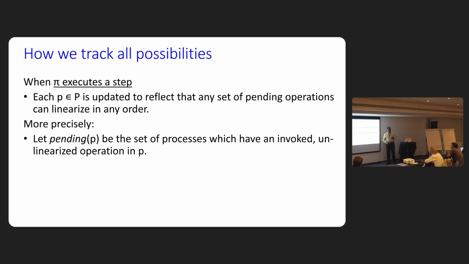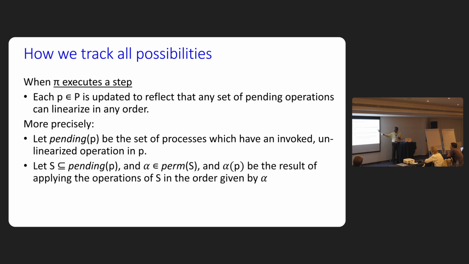Now let S be any subset of pending p and alpha be any permutation of that set S. Let alpha p denote the result of applying to the possibility p this sequence of operations alpha.